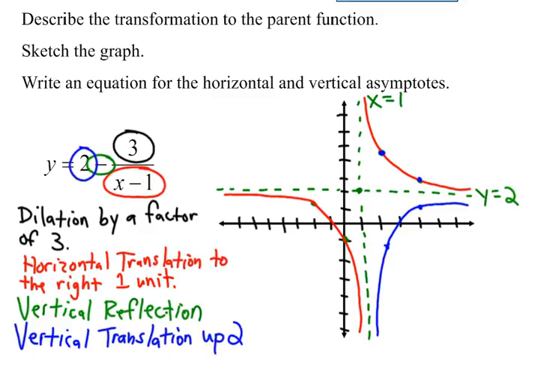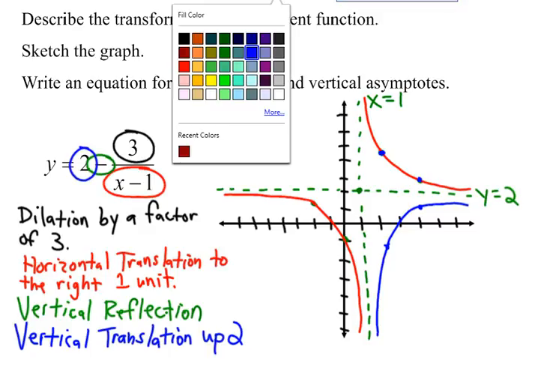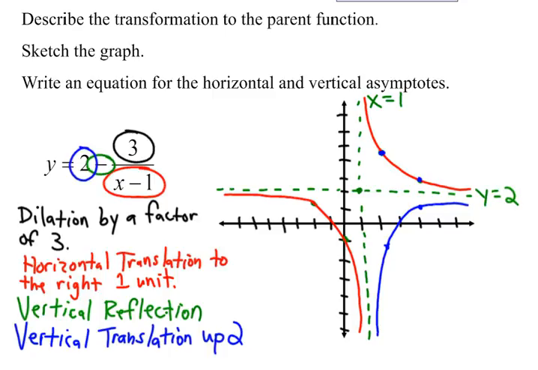We can get rid of this. Let's do the same thing. Let's flip the red part up. So this point here is, let's see, we went over 3 and down 1. We're going to go over 3 and up 1. So right there. At this point, we went over 1 and down 3.